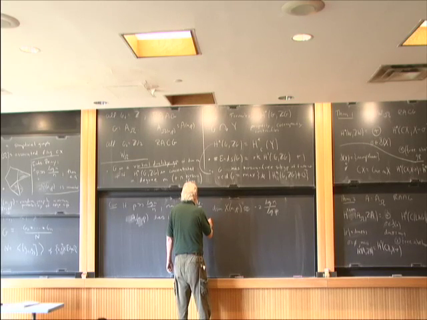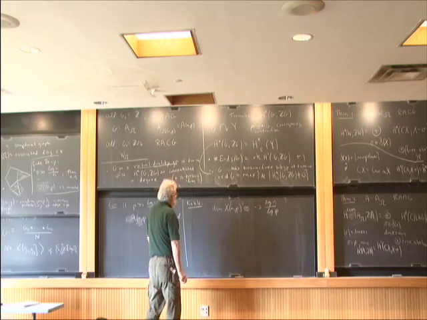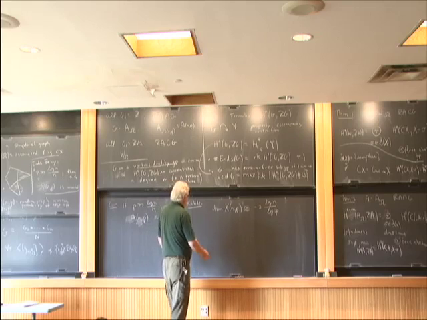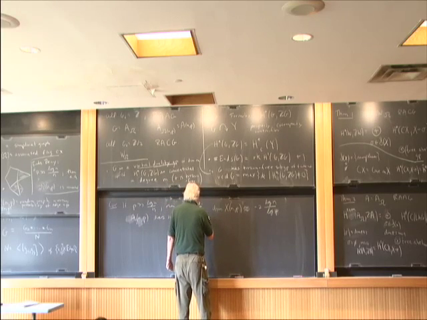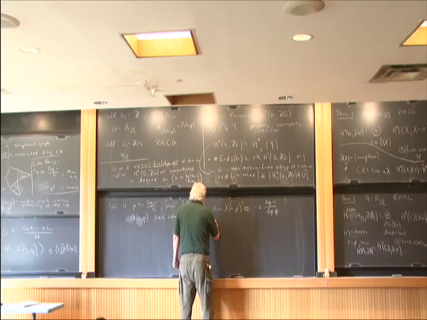Now, on the other hand, what he also told us was that in certain regimes, the Betti numbers of this were concentrated. And so basically, it said this.